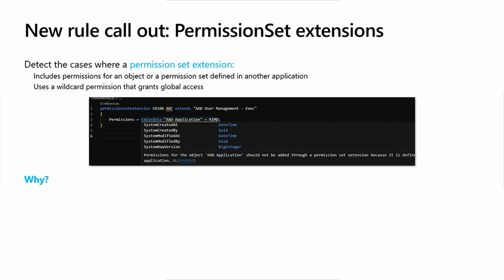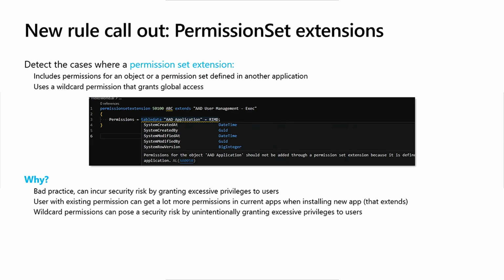And why? Well, basically because this is a very bad practice. This can incur a security risk by granting excessive privileges to users. In the first case, a user with an existing permission can create a permission set extension, extend its own permissions, and then publish it, so it can have more permissions than what it was originally intended to.